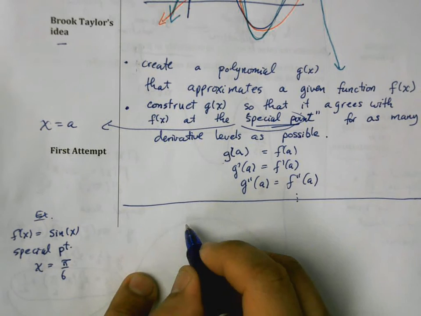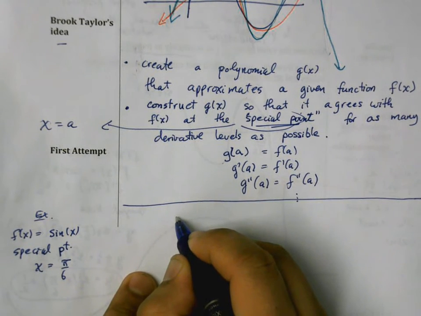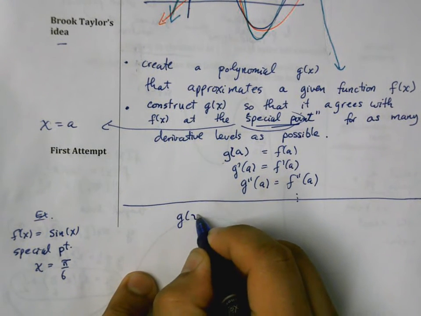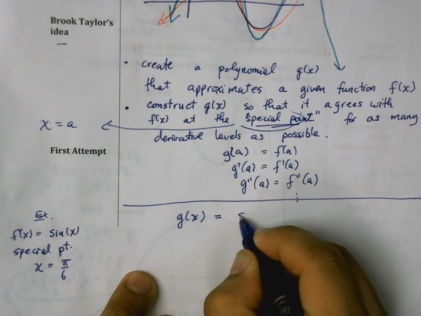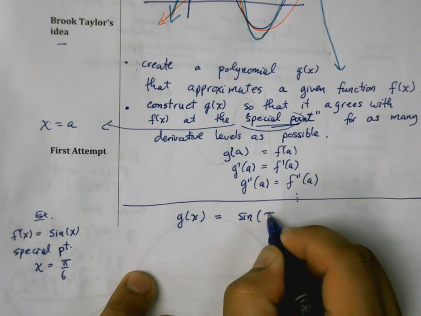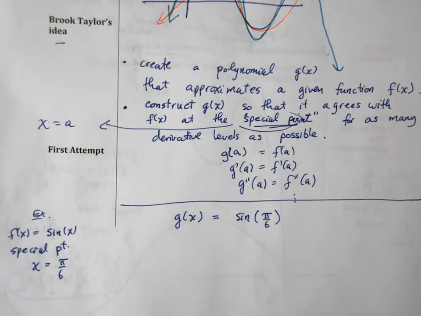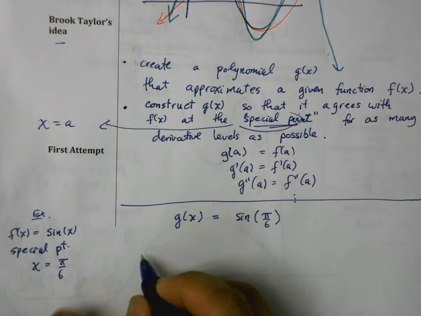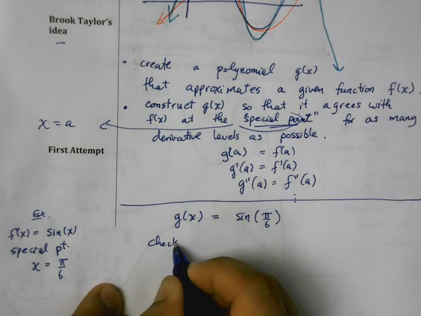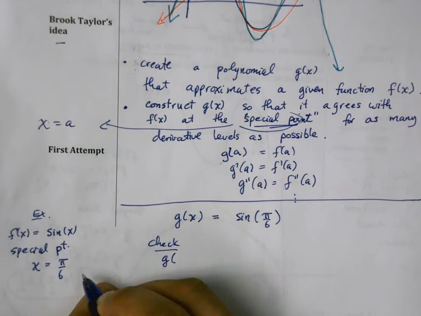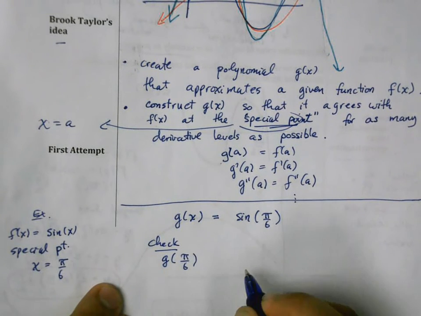So first attempt. Let's call g of x equal to sine of pi over 6. Okay. And then let's check the various levels. What is g of pi over 6?